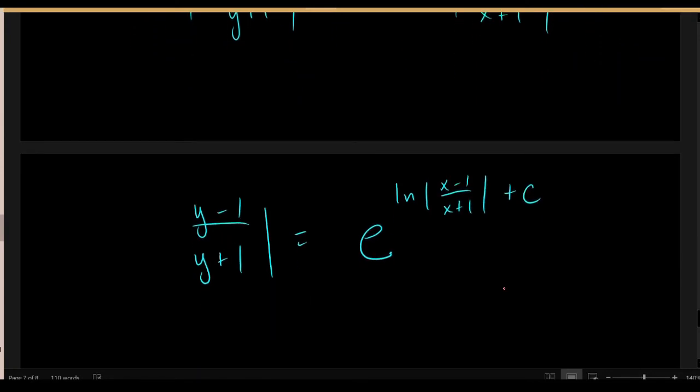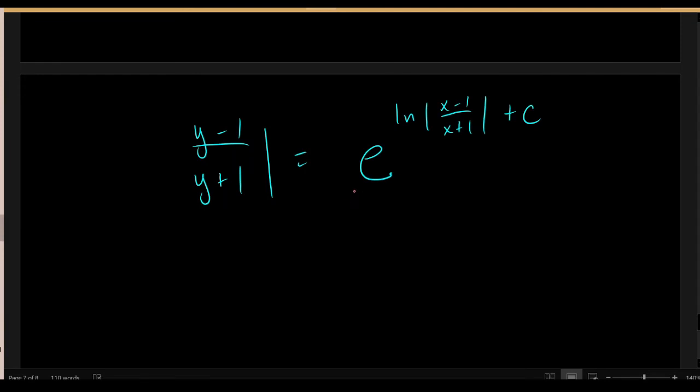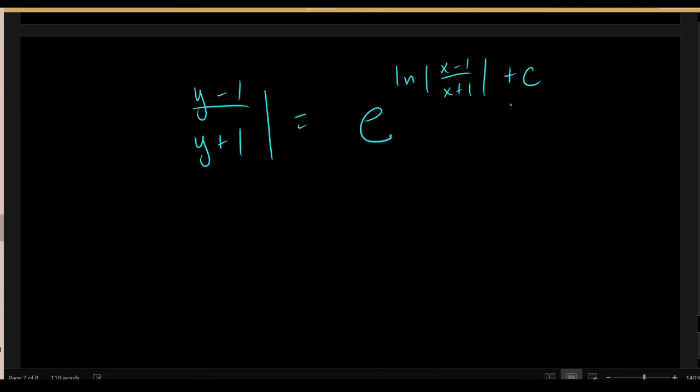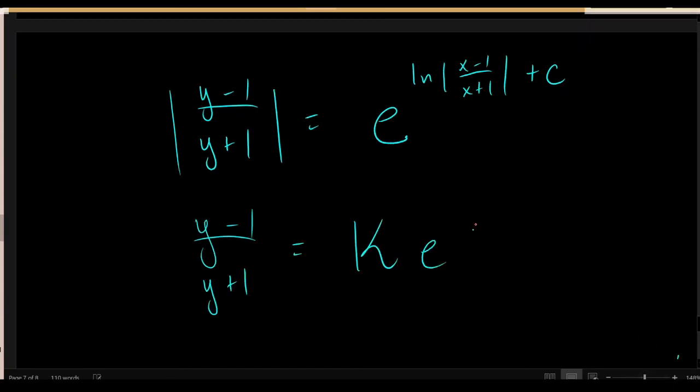Now in order to get the e and the natural log to be able to cancel each other out, I'm going to need to move this plus c out of the way. So I'll do that using the normal trick of turning it into a k constant multiple.